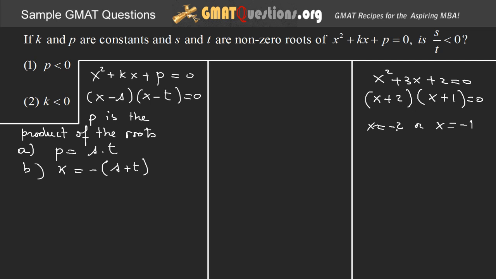As you can see, let's call them x1 and x2. x1 times x2 is still equal to 2. But the sum x1 plus x2, which is negative 2 plus negative 1, which is negative 3, is actually the opposite of 3. I hope that I have cleared the confusion here, because sometimes we mix the two.